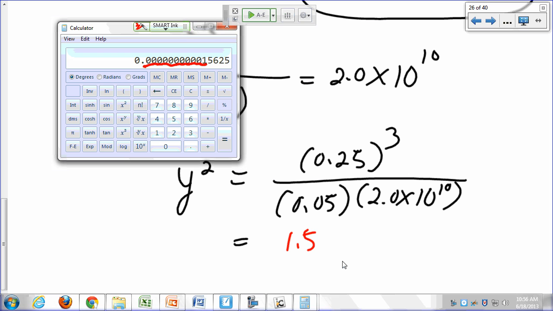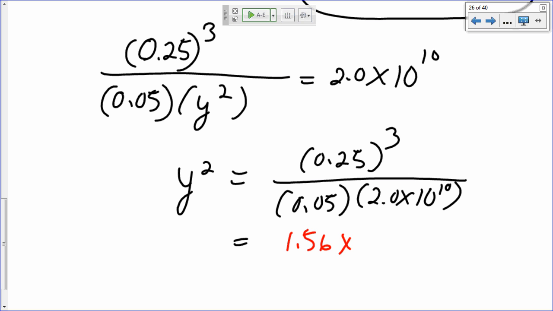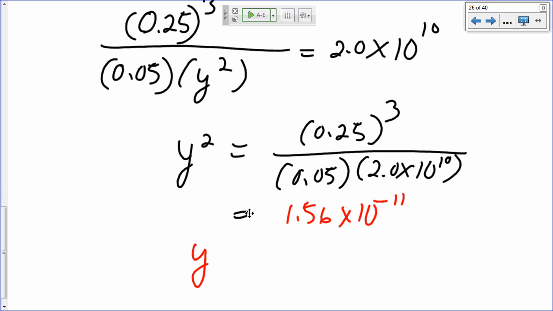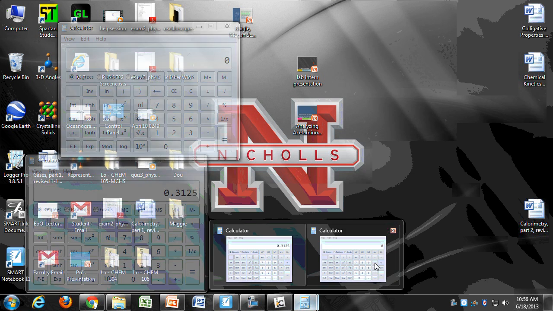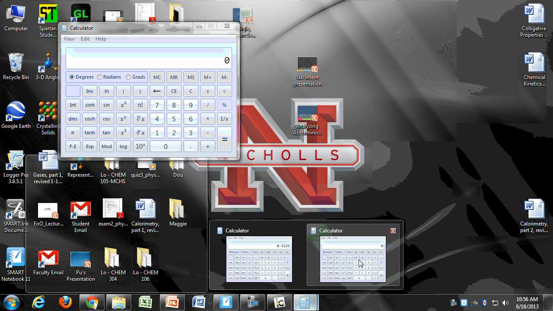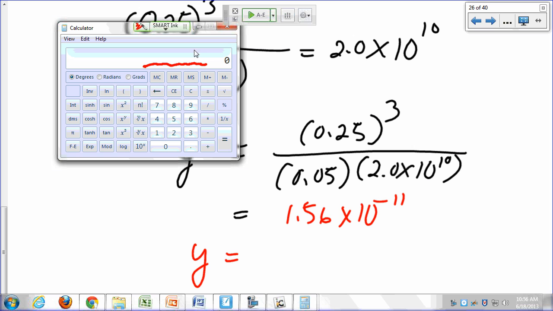1.56 times 10 to the negative 11. Okay? So what's my y? I take a square root of that. 1.56 times 10 to the negative 11, take the square root.